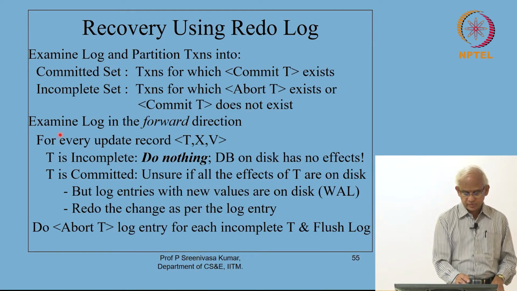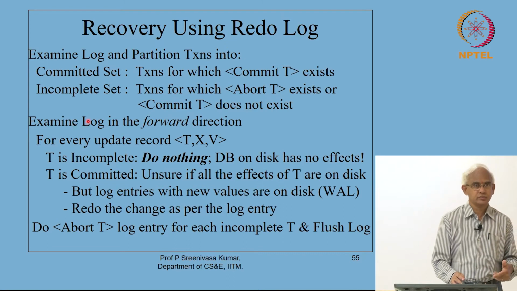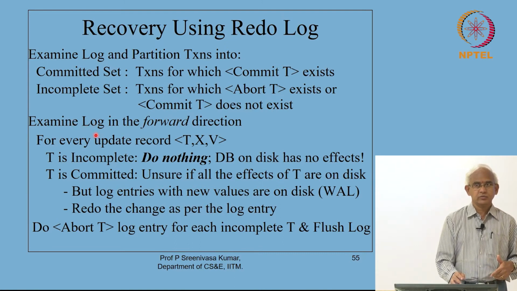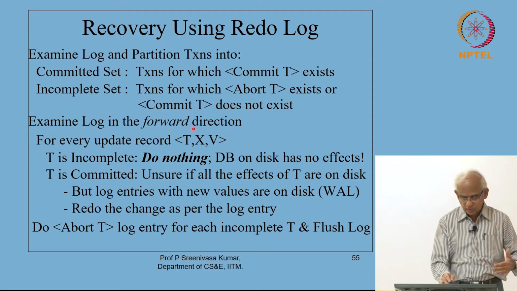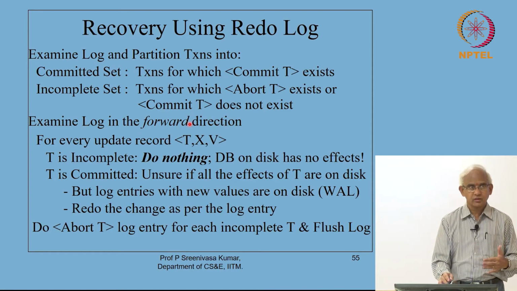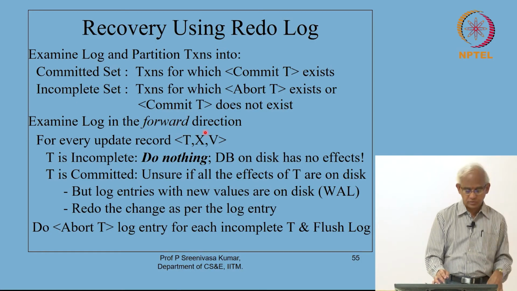And now, since we are redoing the work of transactions, we are writing new values. So, we will have to start from the beginning of the log and start restoring the state of the database. So, we will examine the log in the forward direction. Remember, this was in the reverse direction in the case of undo logging.